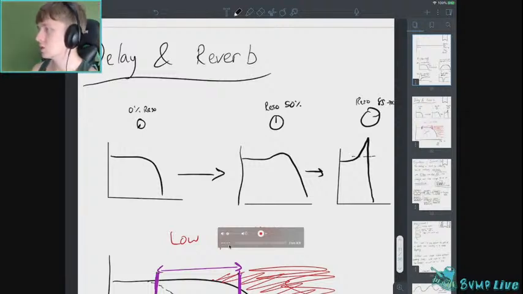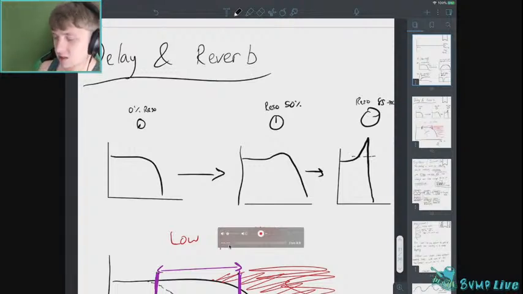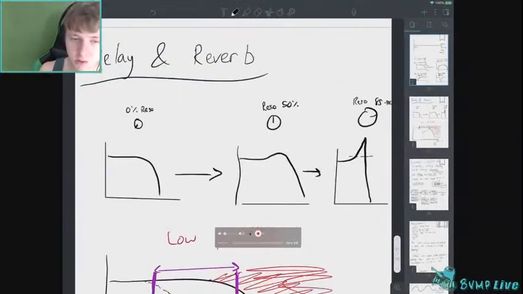Not 100%. It depends on the filter, really. But that's kind of the general shape of a low pass. And then a high pass is kind of the inverse. You just take this picture, flip it 180 degrees, you have a high pass filter because everything on the left is being cut out. So we have two sound sources.